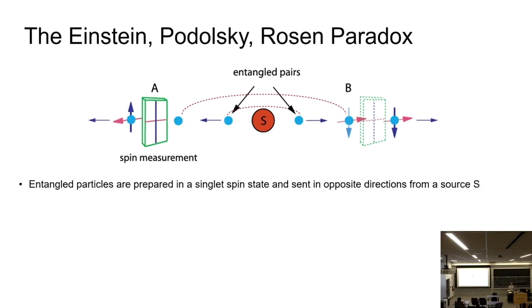So in this experiment, we have pairs of entangled particles prepared in a singlet spin state. Y'all remember what a singlet spin state looks like, right? Spins paired. And you're going to send a member of each pair to Alice and to Bob.